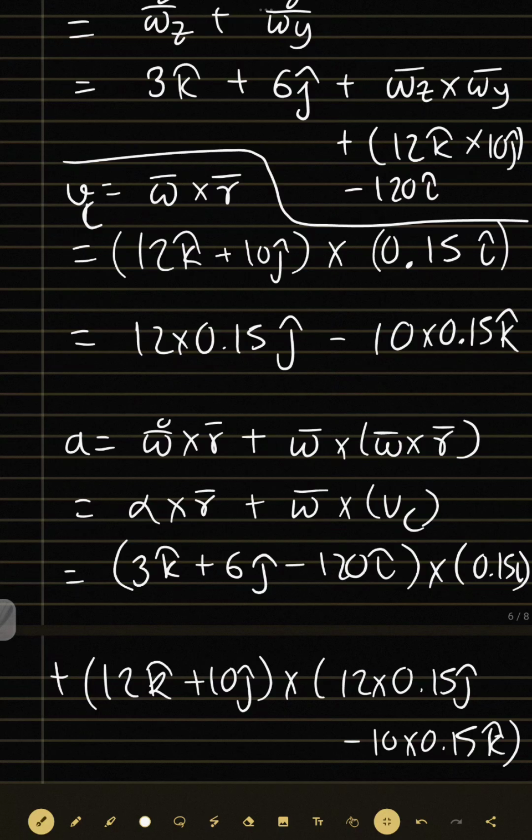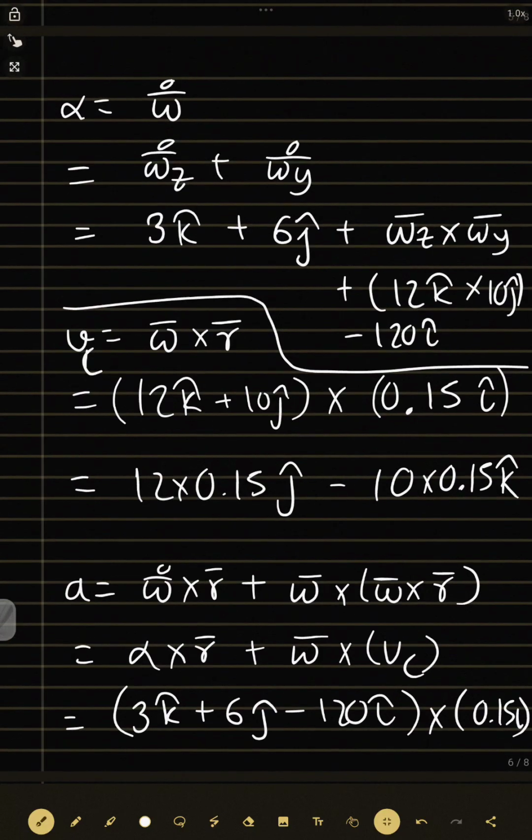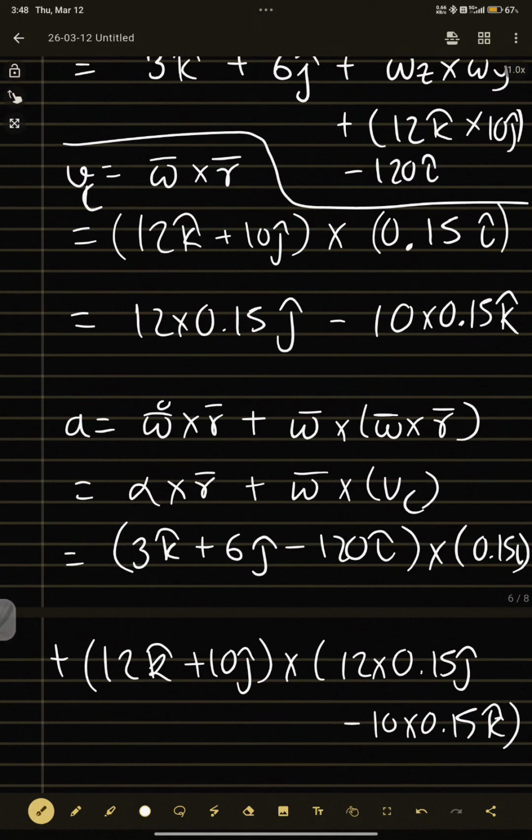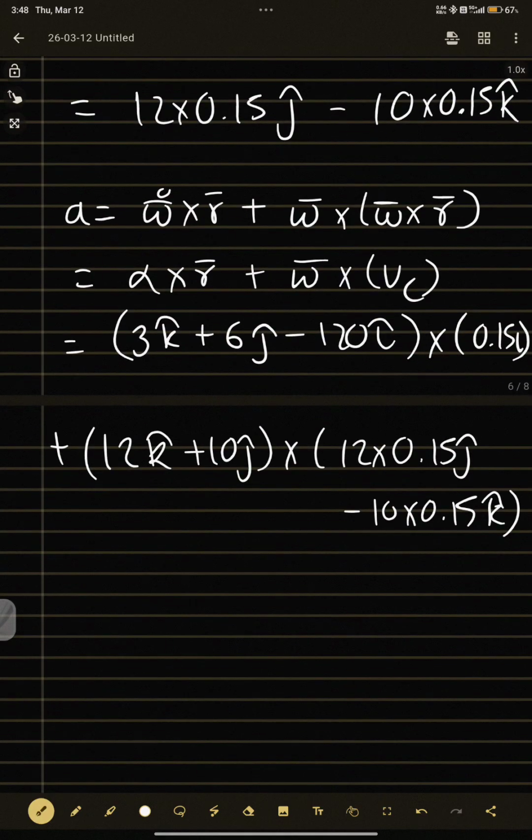For which point? C. What is the r vector of C? 0.15. So this class of problems, these 3 problems you have seen, do you now feel confident that if such a problem comes, you will be able to do it?